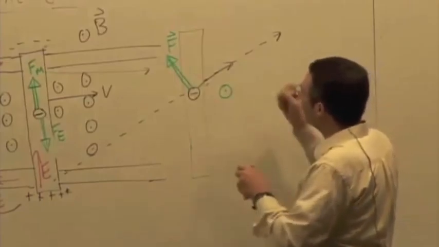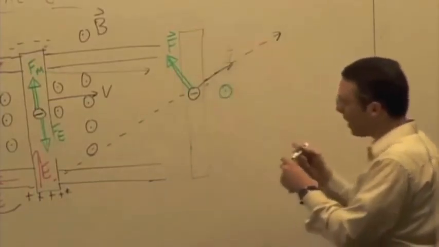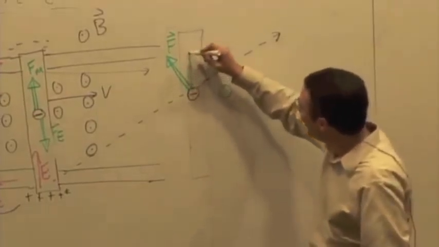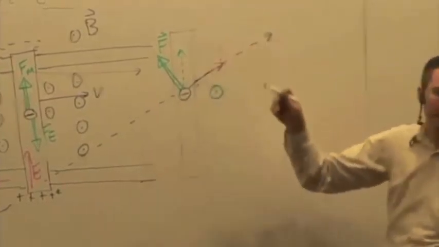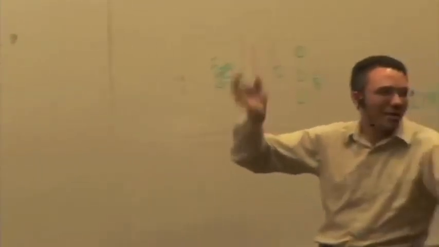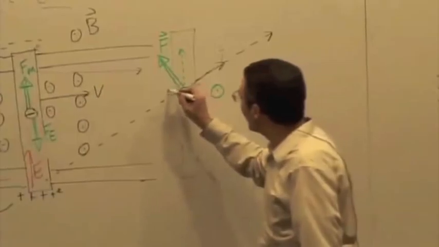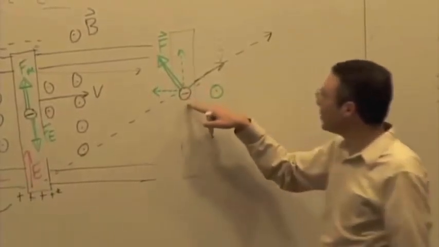But what we're doing is looking at two different components of that force. I could break this force up into a component along the direction of the bar. That's the force that's causing the current to flow. And then I could break this force up into another component that's perpendicular to this bar. That's essentially this force.